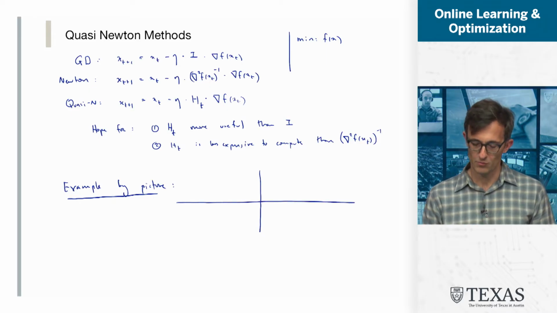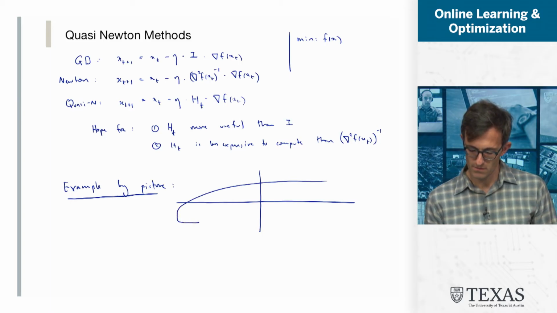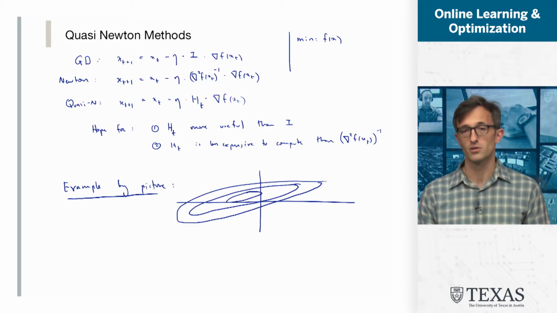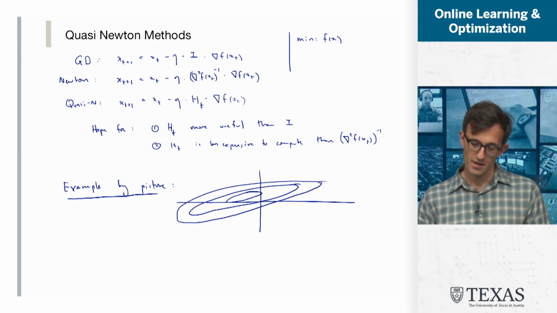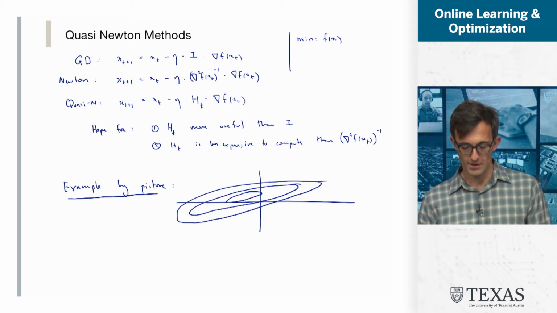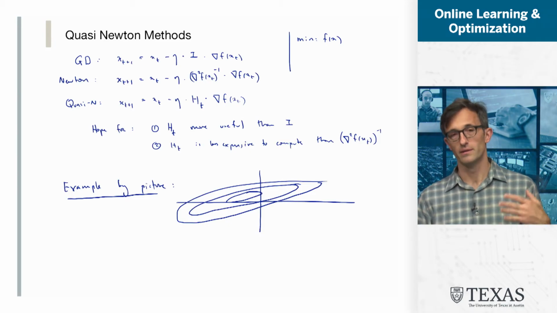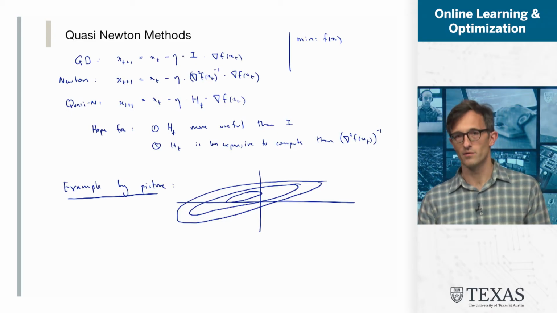So let's suppose that we're optimizing a function whose level sets look something like this. So what do we observe? Well, first of all, it's a convex function, and therefore all the level sets are convex. And we see that we have some considerable elongation. And as we've talked about in the context of gradient descent, then later in the context of SVRG, then later in the context of Newton's method, this elongation is always the enemy of gradient descent.